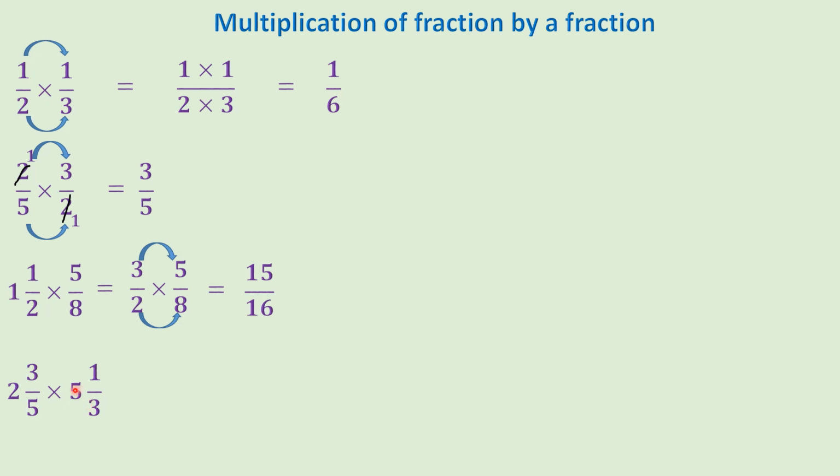Now here 3 5s are 15 plus 1, 16 by 3. That becomes 13 by 5 into 16 by 3. So now multiply numerator to the numerator, denominator to the denominator. That is equal to 13 into 16, 208 divided by 15. This is how we multiply a fraction by a fraction.